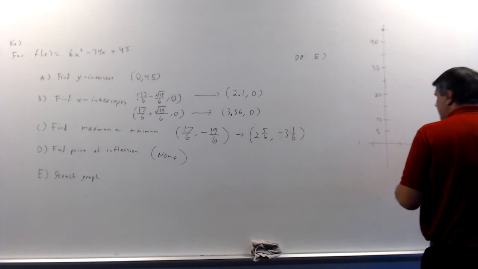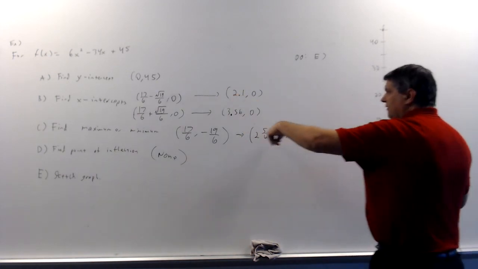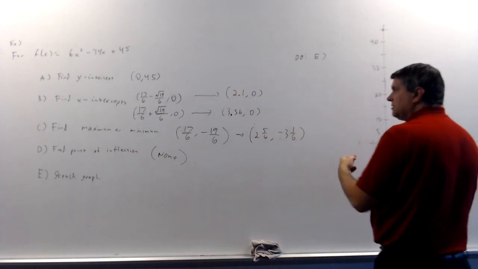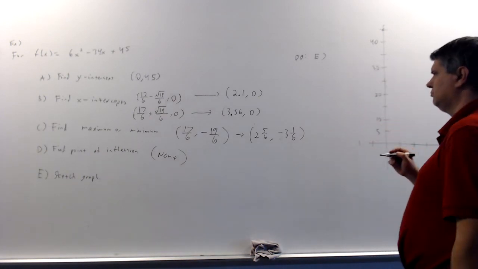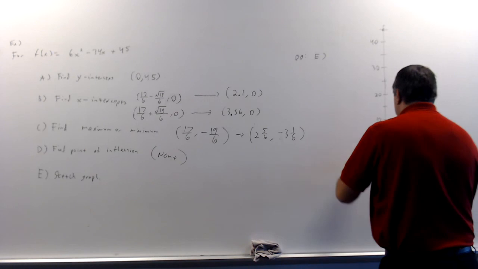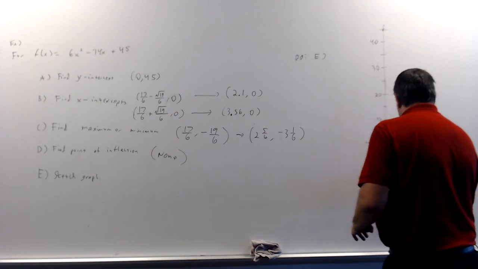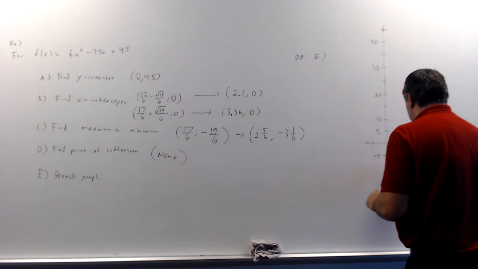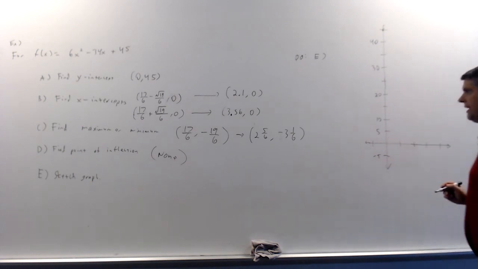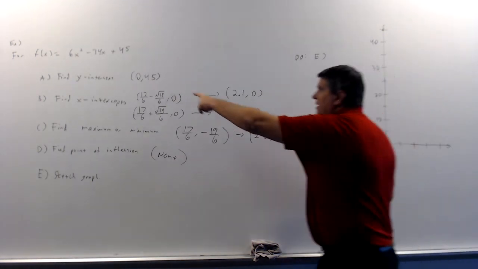So I'll go 4 each way to account for the spread of the x's and y's. All right, so negative 5. All right, so I already did 0, 45.